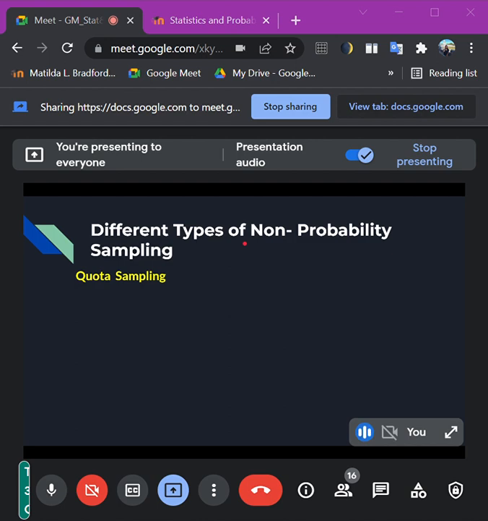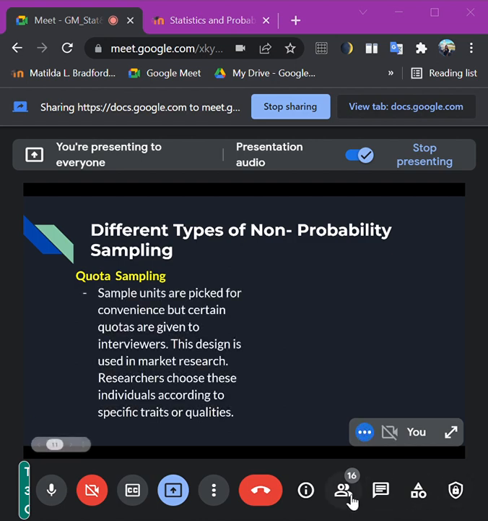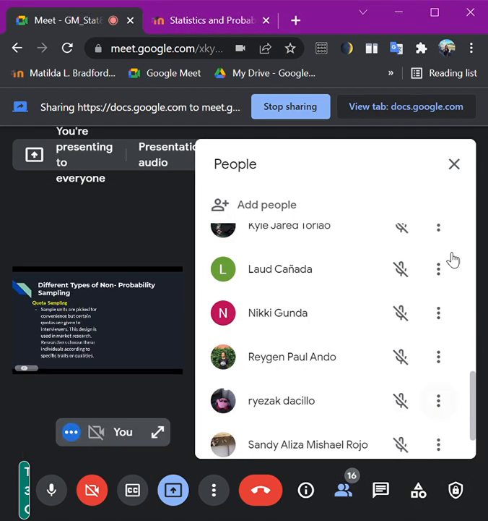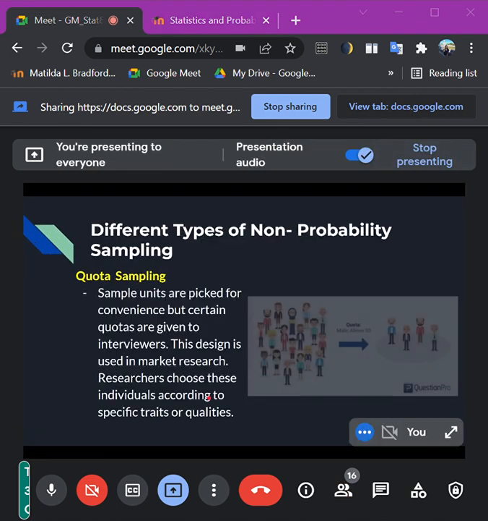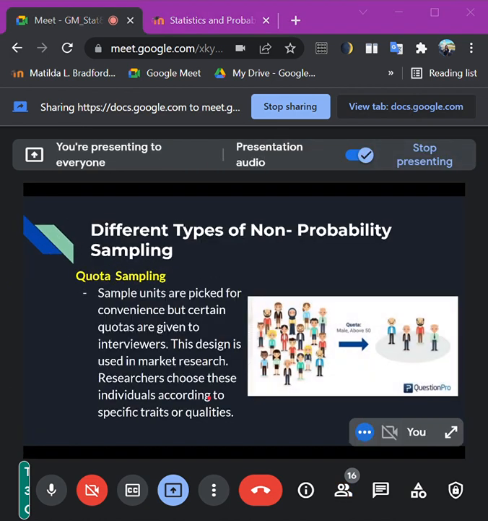Okay, and now we have here our quota sampling. Sample units are picked for convenience, but certain quotas are given to interviewers. This design is used in market research. Researchers choose these individuals according to specific traits or qualities. For example, in the picture you have there, the quota is male and above 50.